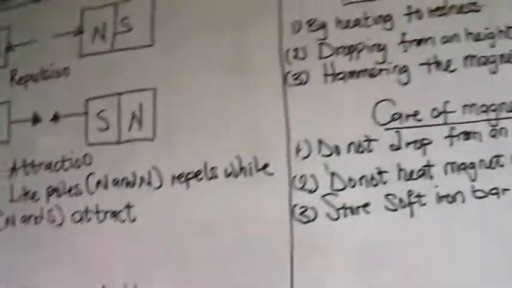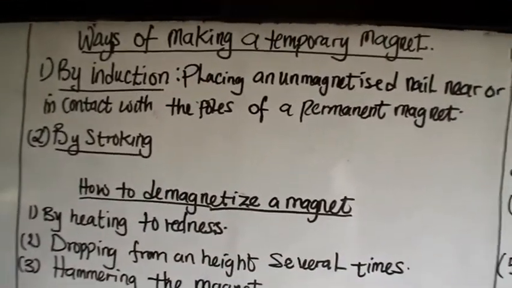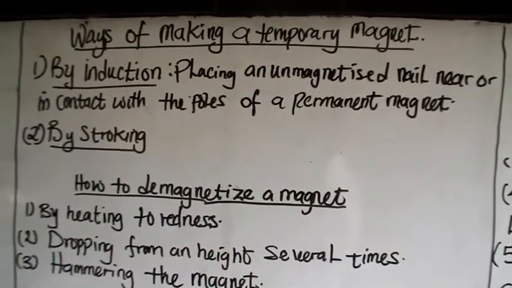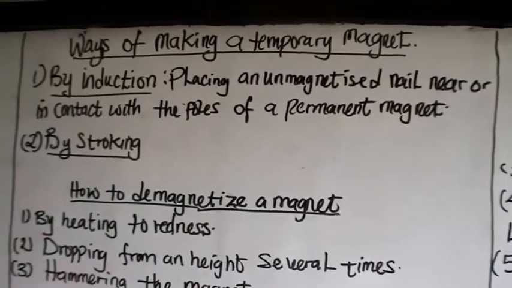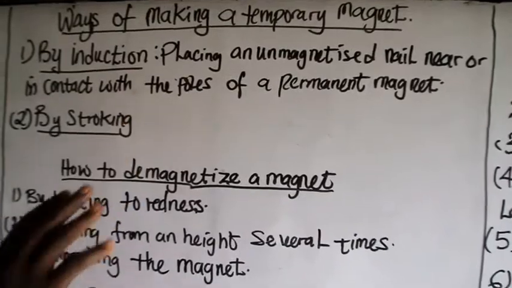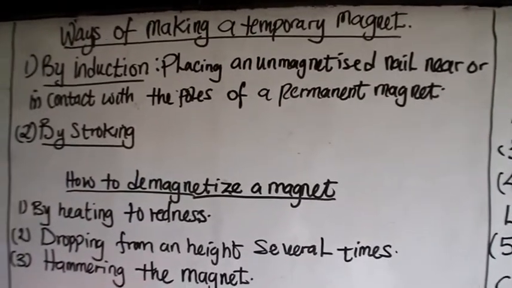We want to see ways of making a temporary magnet. First, by induction. Second, by stroking. I'm going to show you by induction.